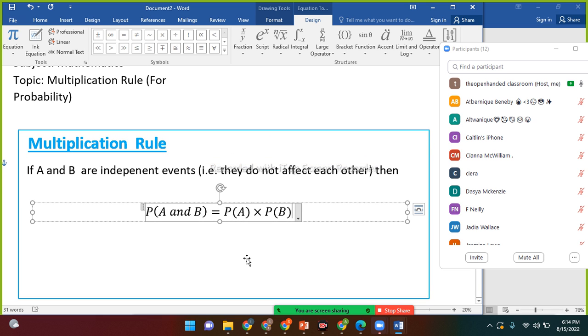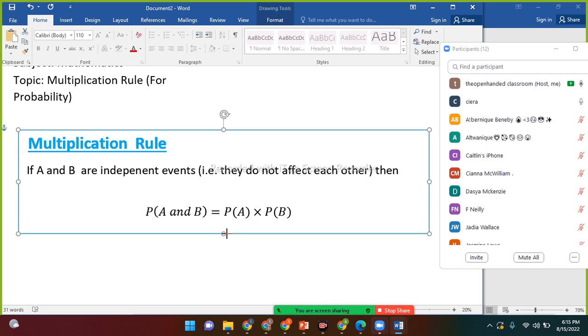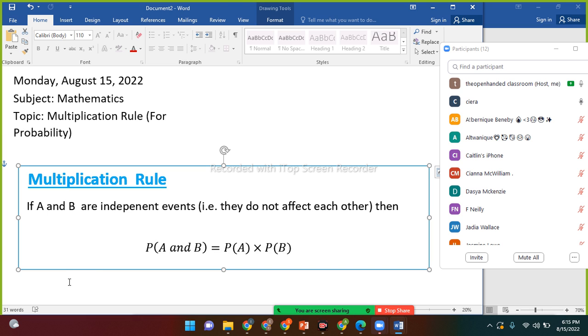Remember, for the addition rule, if it was probability of A or B, what would we have done, Sierra? I don't remember.